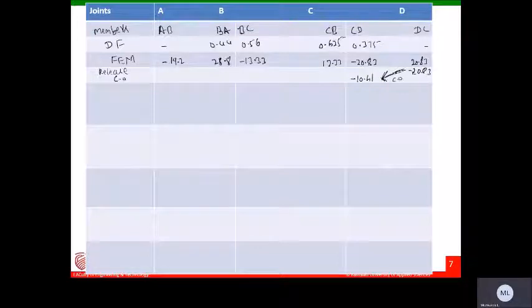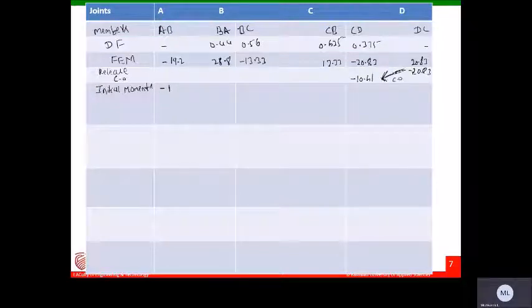This is the case. Now next, what I have to do? Let us write down the initial moments. What are the initial moments now?